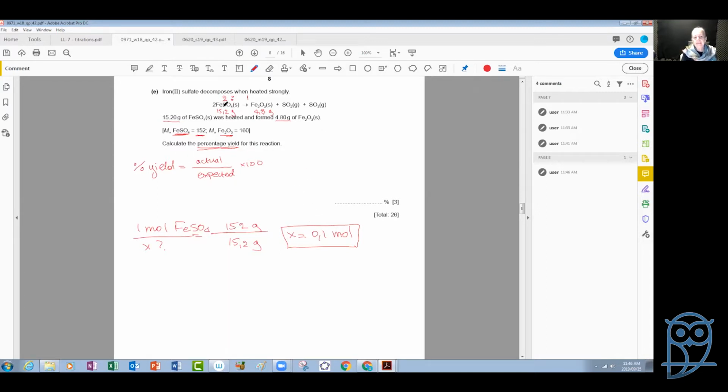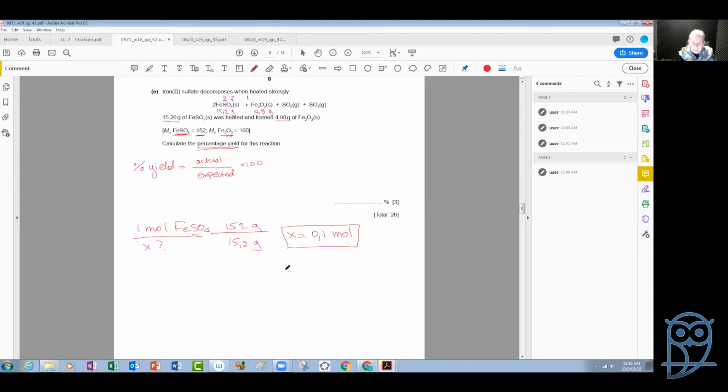So since the ratio of iron sulfate to the iron oxide formed is 2:1, in other words, now that we have 0.1 moles of iron sulfate, it's only half of these moles of iron oxide that was formed.